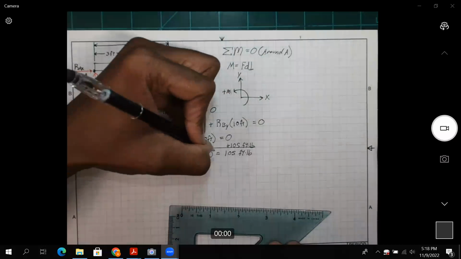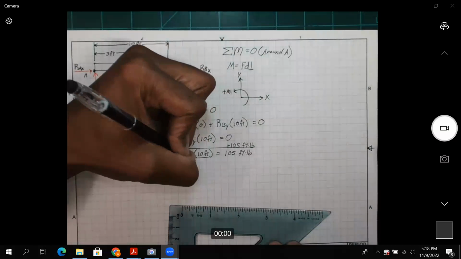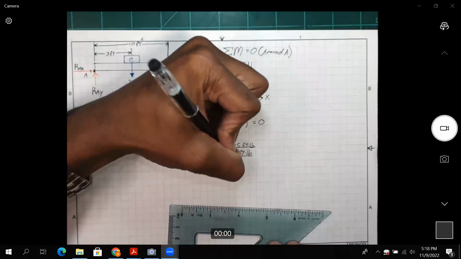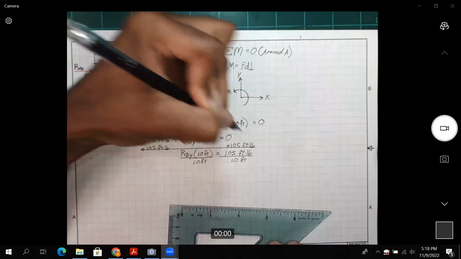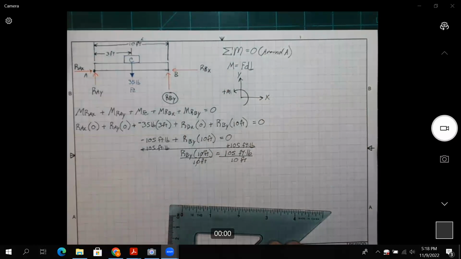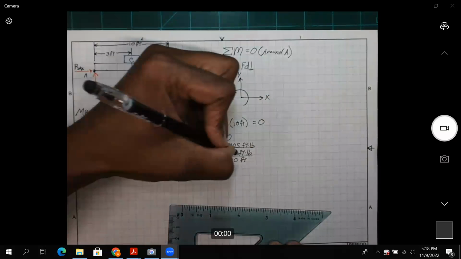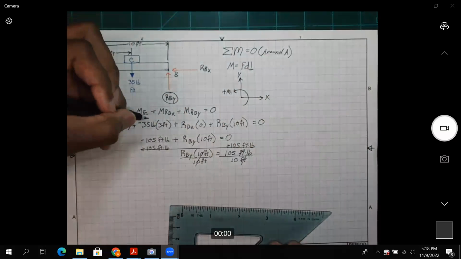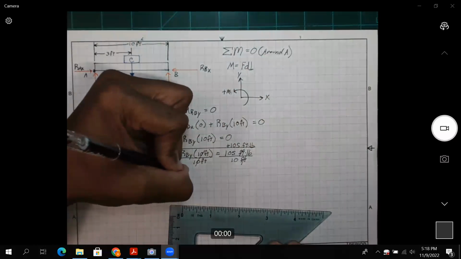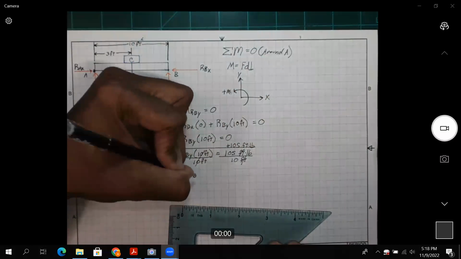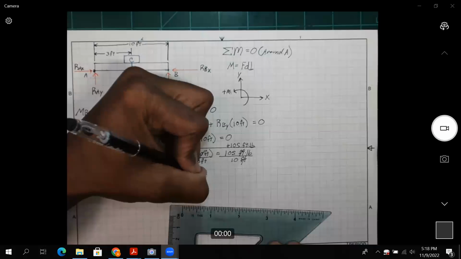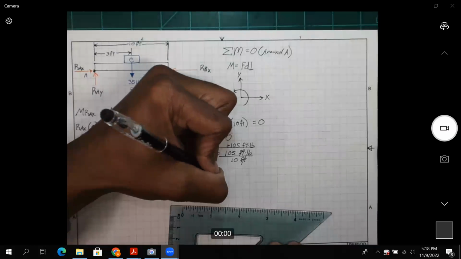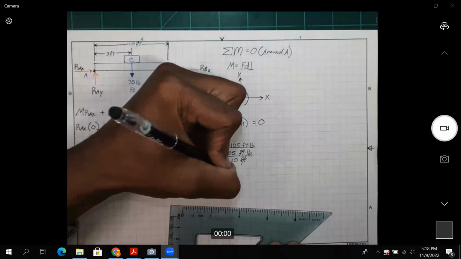Okay, we divide 10 feet on both sides. That cancels out. Feet cancels out. Now we have reaction force at joint B going in the Y direction equals 10.5 pounds.